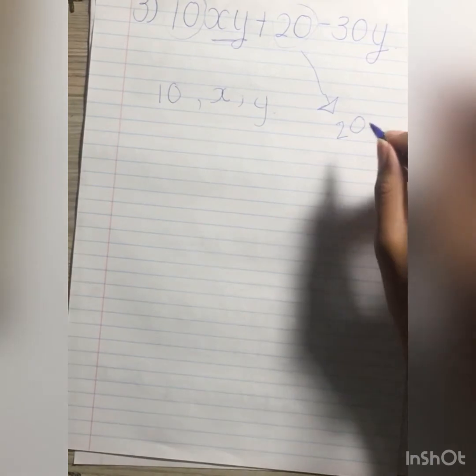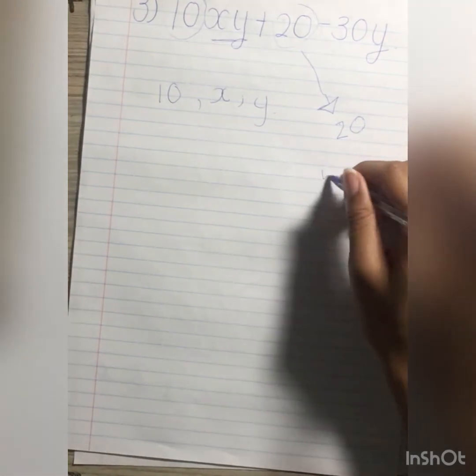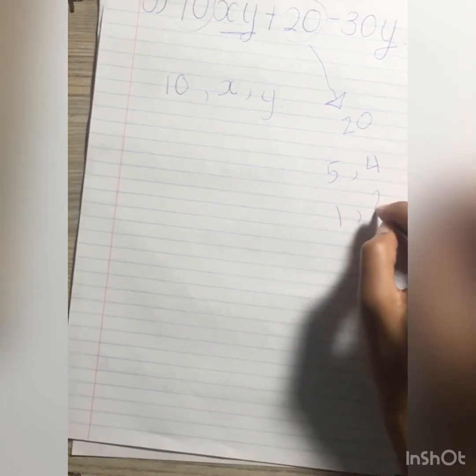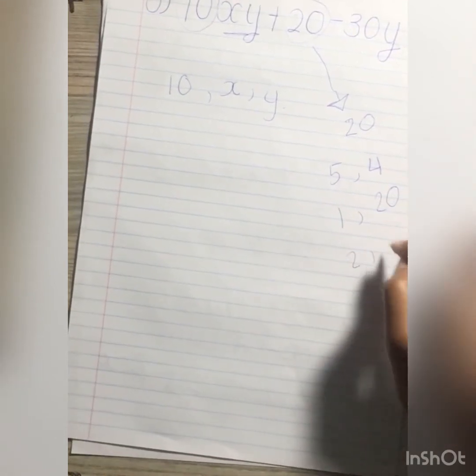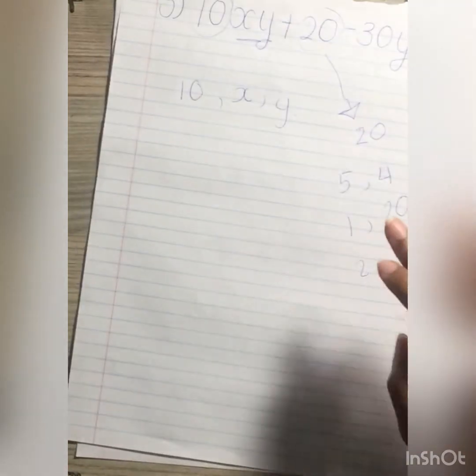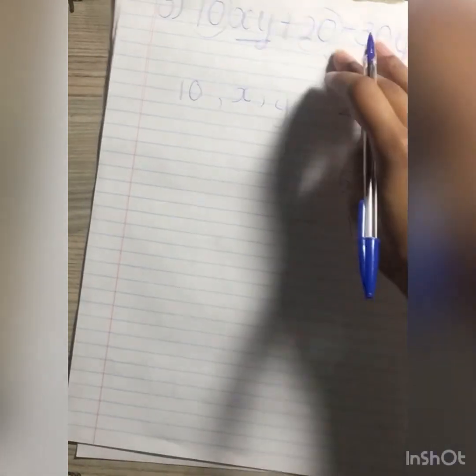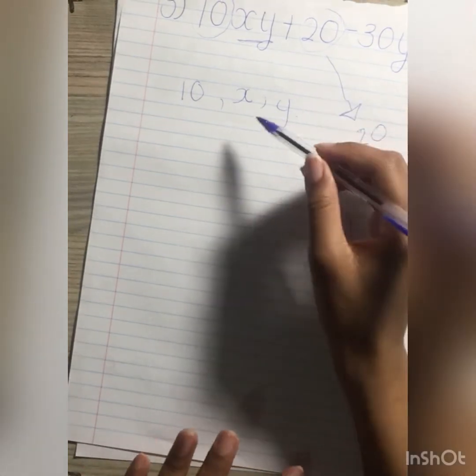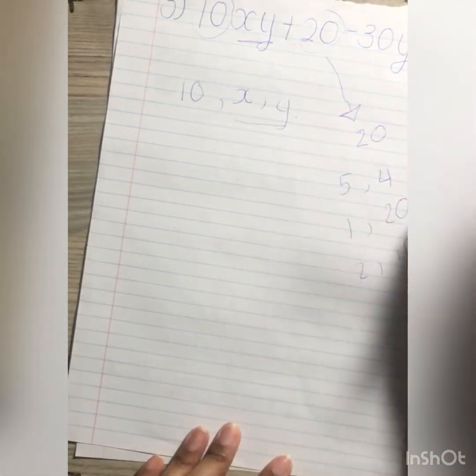As we all know, the factors of 20 are indeed 5, 4, 1, 20, 2, and 10, but algebraically, it only consists of 20 because we do not have a variable, okay?